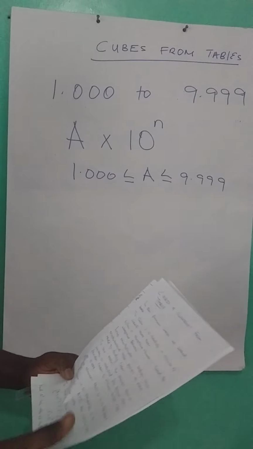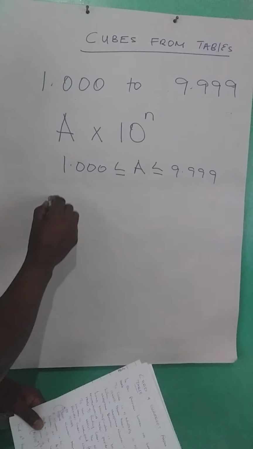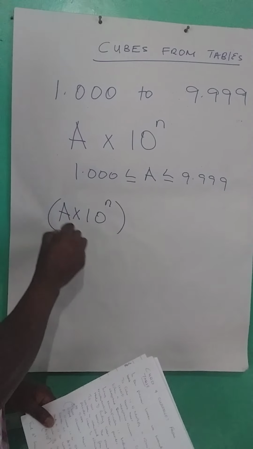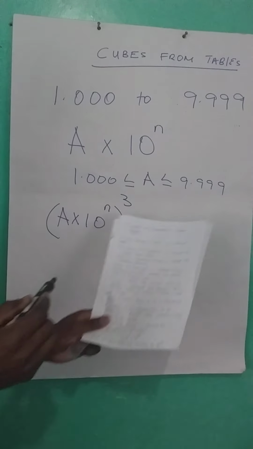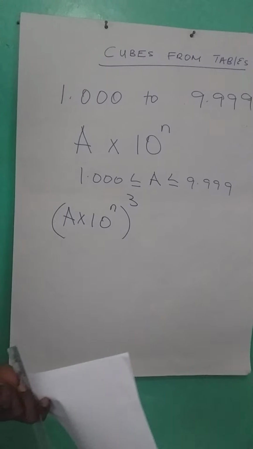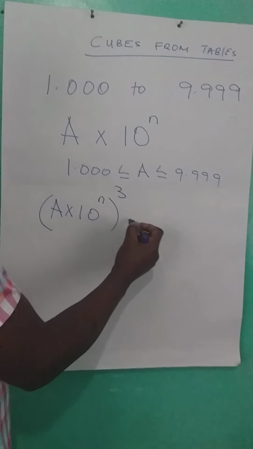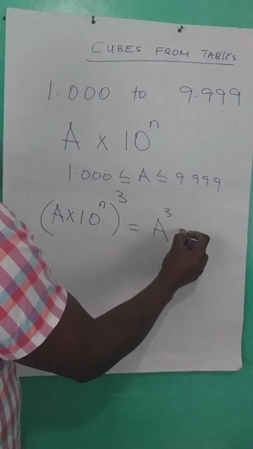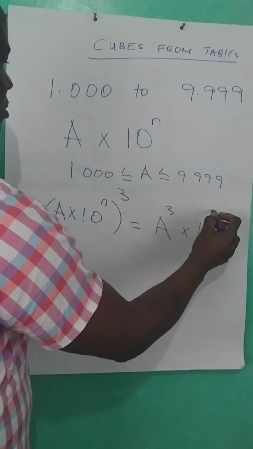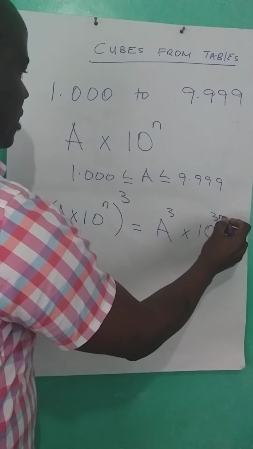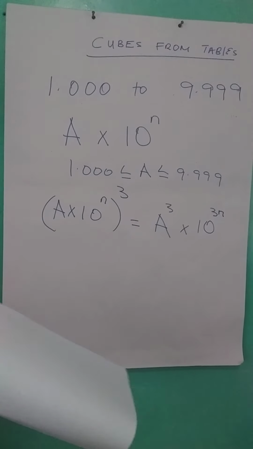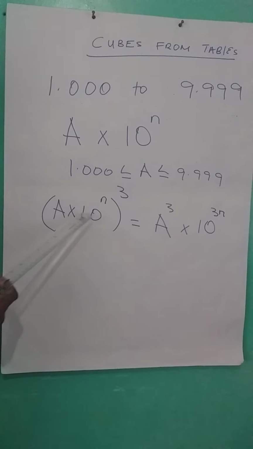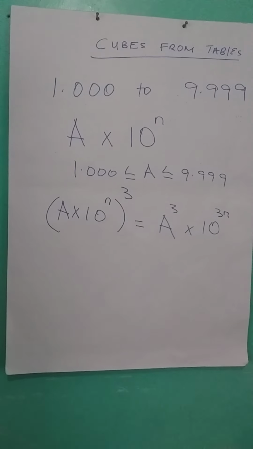Now, to cube a number in standard form, we write a times 10 raised to power n, raised to power 3. Remember, when the power is 3, it means to cube. So this one is written as a power 3 times 10 power 3n. In other words, you distribute the cube over these 2 terms of that expression.